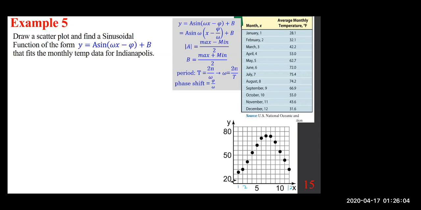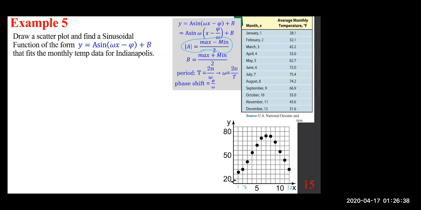So let's start with the A. According to this, we have to look for the maximum temperature and the minimum temperature. For the sake of argument, class, I want to use this one. Can anybody look at the second column and give me an idea?